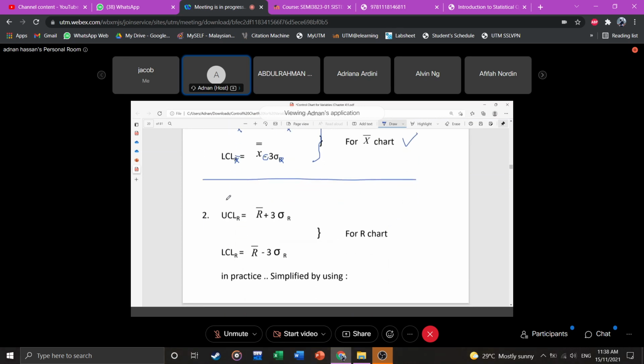Okay, for the R chart, the R chart is like this. You have R in the middle, which is R bar.